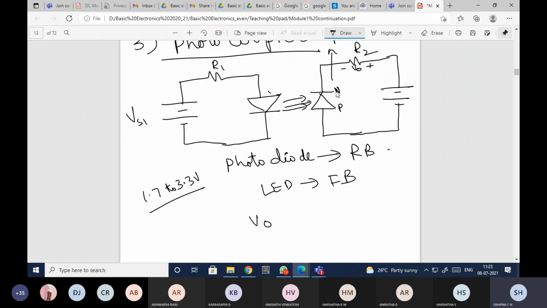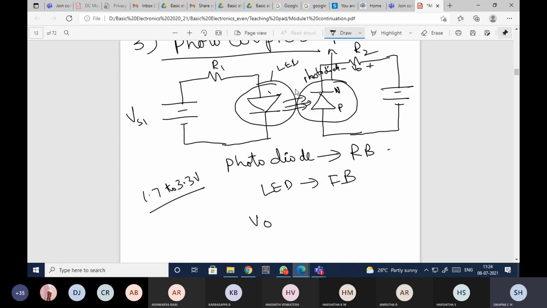Both are used in this particular circuit. Towards the input side, I have the LED, which is illuminating the light. This is nothing but my LED. And towards the other side, the output side, I have the photodiode.